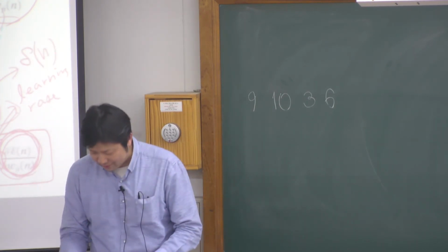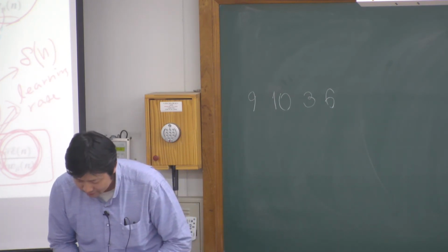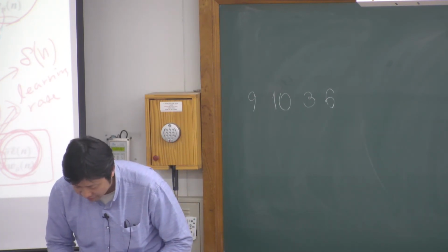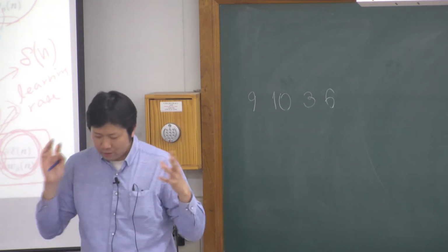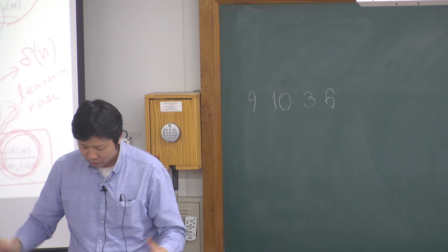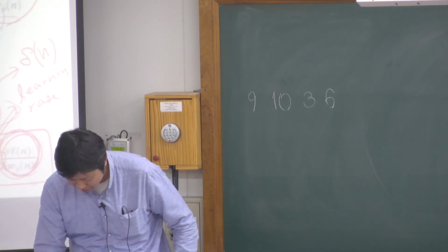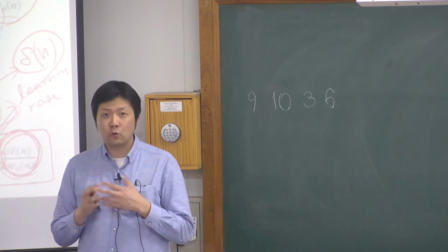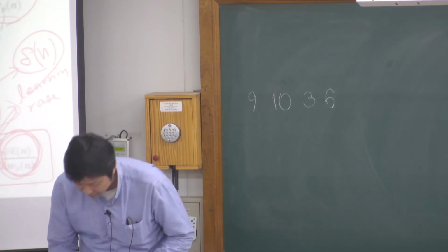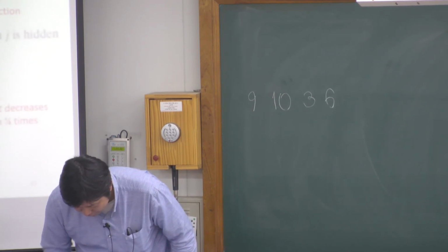Delta of n is basically all the terms except the derivative of the activation: eta, the error value, and the value of y. If you get all these terms together and define this as delta, it is called the local gradient. Then you can rewrite this delta value.